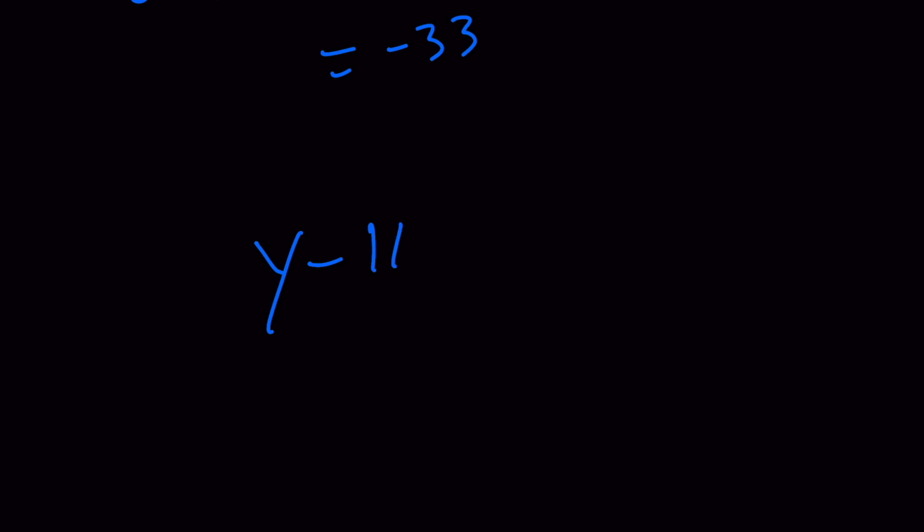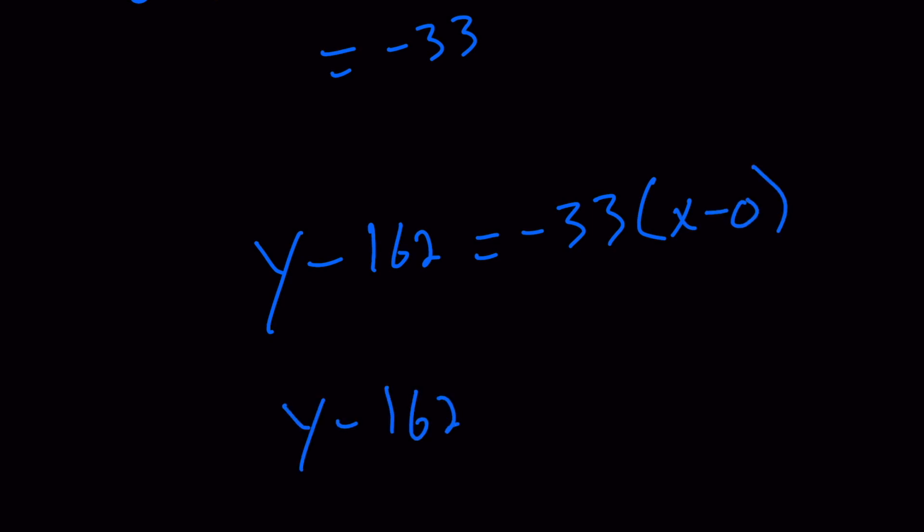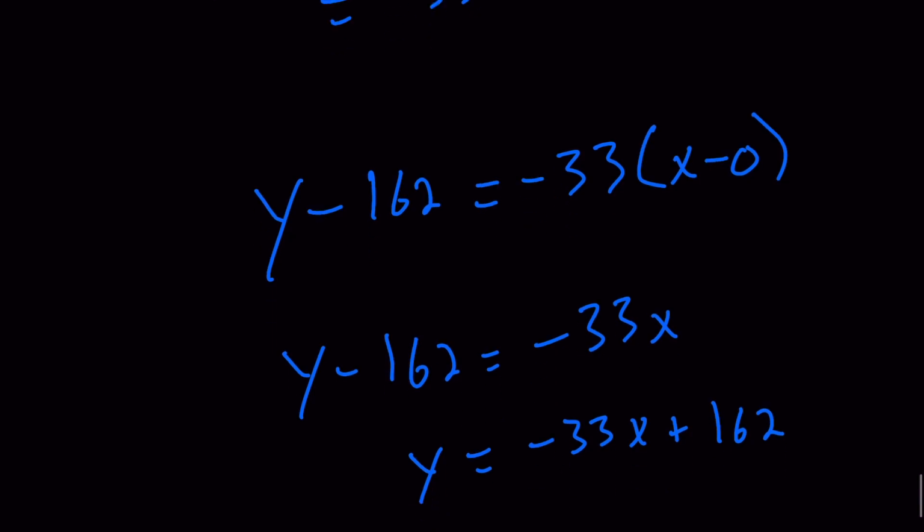So y minus 162 equals negative 33 times (x minus 0). So y minus 162 equals negative 33x. The 0 just goes away. So y equals negative 33x plus 162. That's the equation you got.